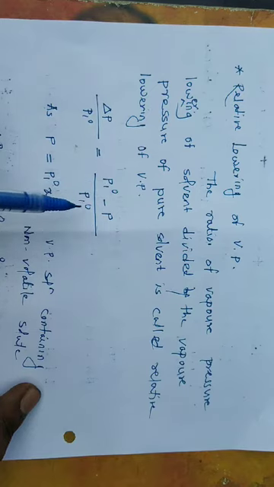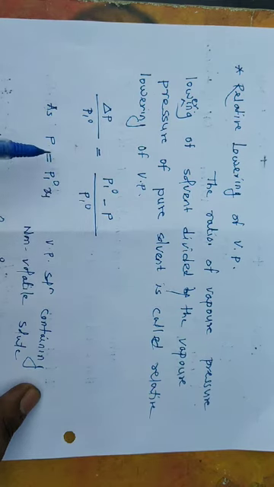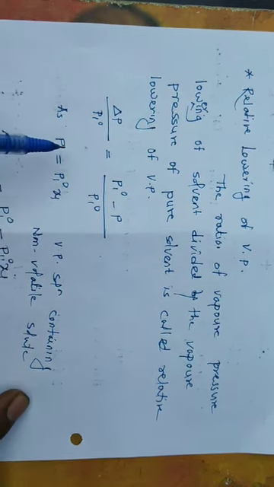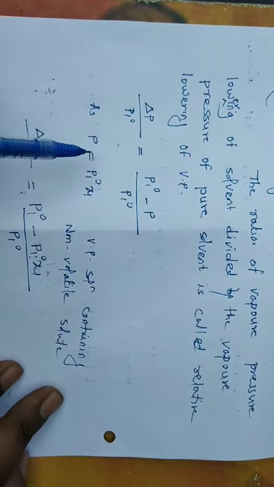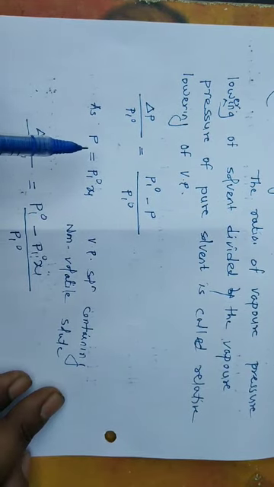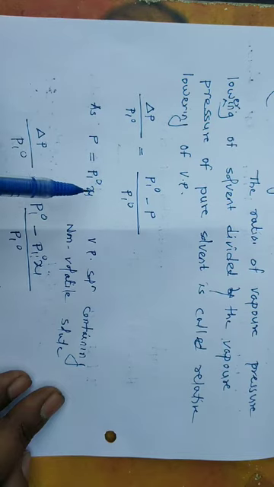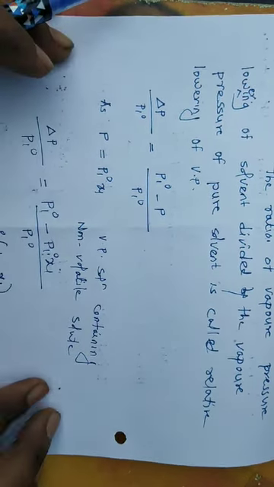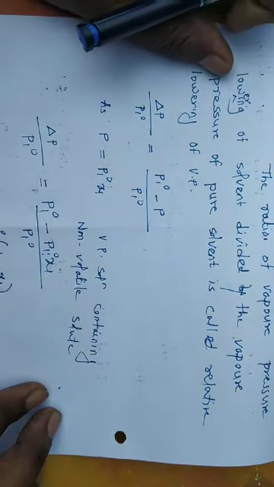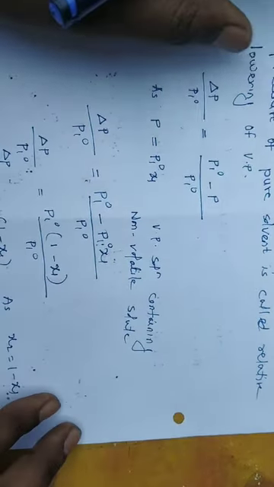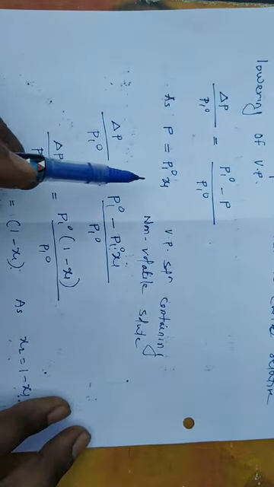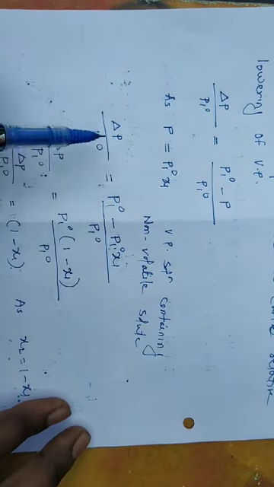According to Raoult's law, for a solution containing a non-volatile solute, P is equal to P1 naught x1. So when you put the value of P into the above equation, what's the equation?